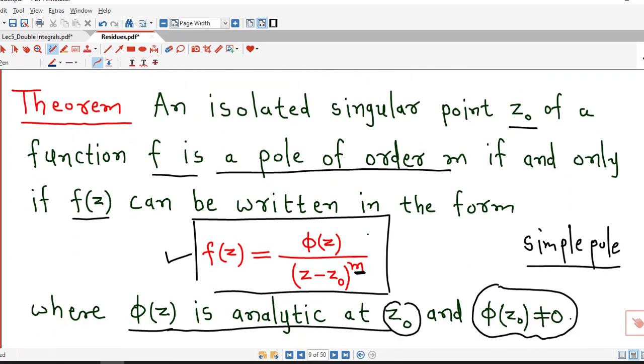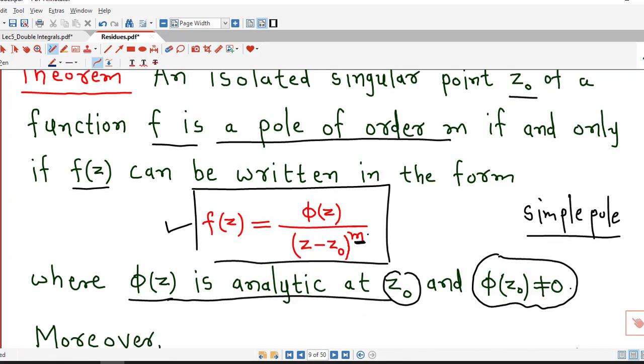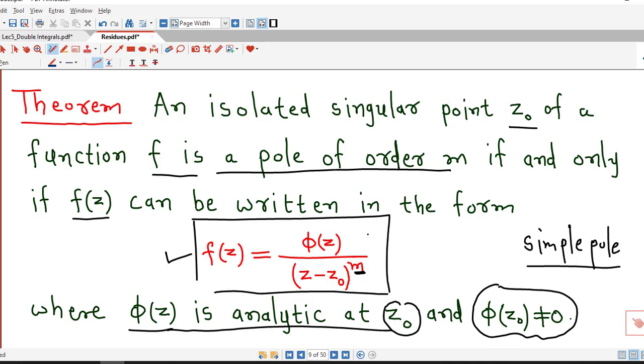of a given function at that point. So here in this lecture we have seen how to find the residue at a pole and how to check whether a function has a pole of order m at a given point.